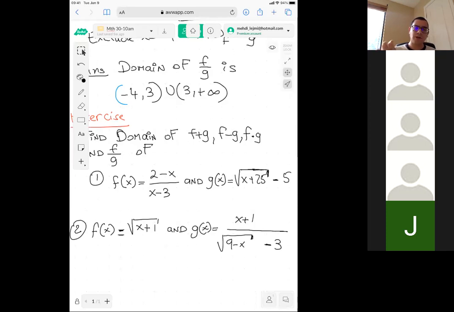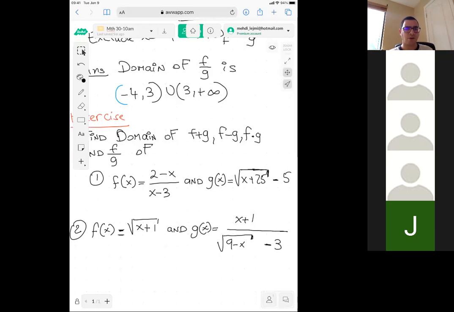The PEMDAS rule says you have the square root, so the square root applies. You have x plus 25 under the square root, so we're supposed to apply the square root first and then subtract. You cannot just subtract the 25 minus 5.